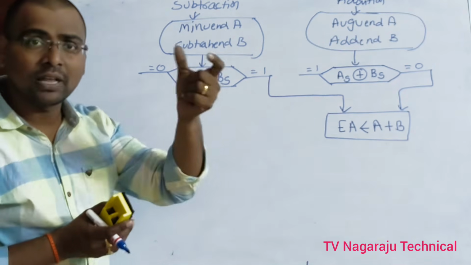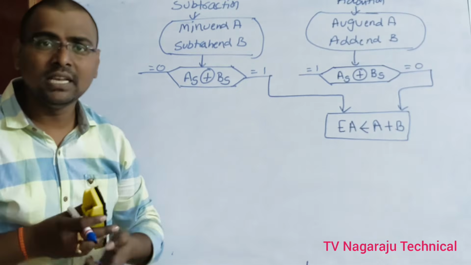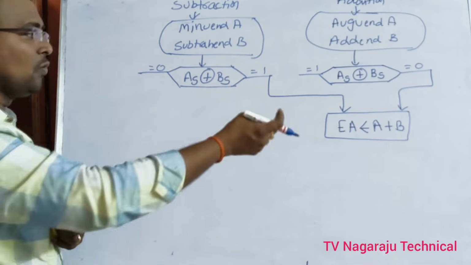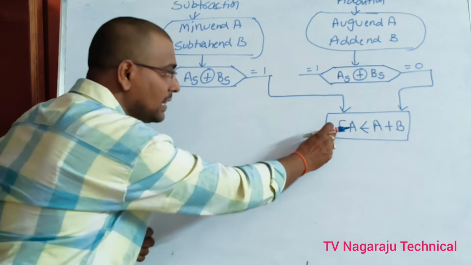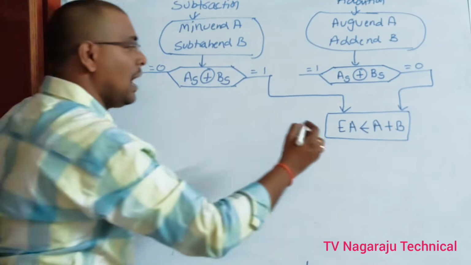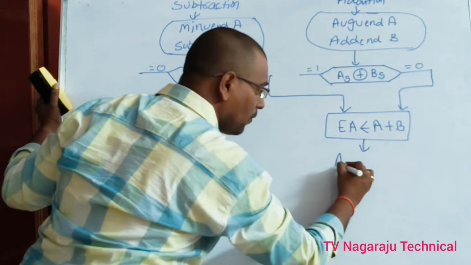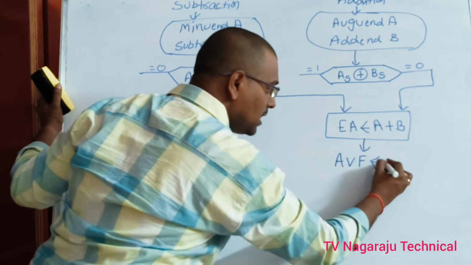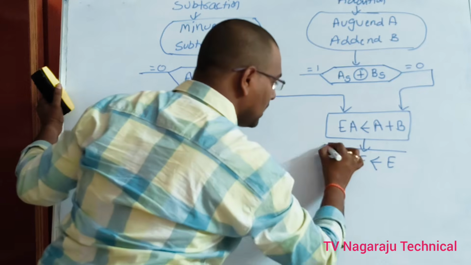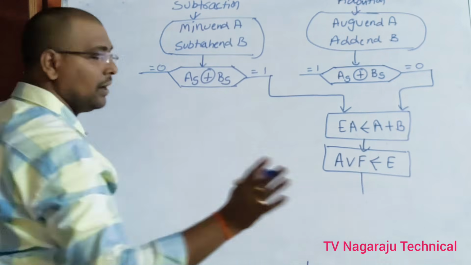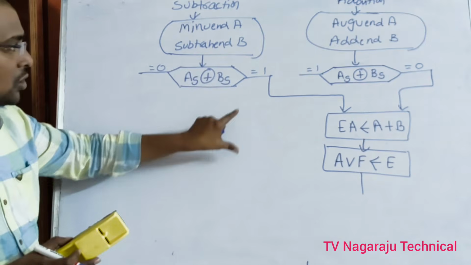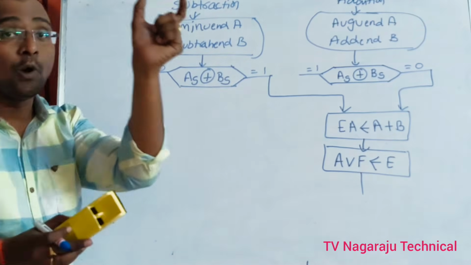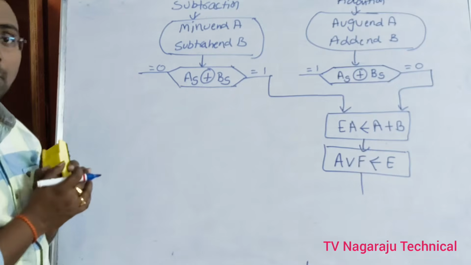We already discussed the result is stored in A. What is E? If there is a carry, that carry is placed in E. After that, if you have any overflow, that overflow is placed in the AVF flip-flop. Now, end. My addition operation is completed. It is very clear. So my first column is add magnitudes. Now, what is my second one? Subtract magnitudes.